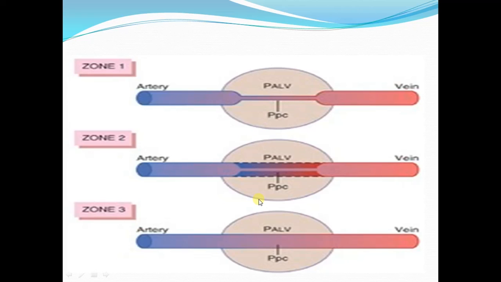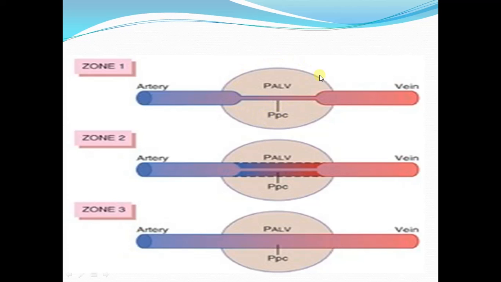So this is the diagram showing you the three zones of blood flow which can be seen in the lungs in an upright person. Zone 1 blood flow, zone 2 blood flow and zone 3 blood flow. In zone 1, we learned that there is no blood flow, and the reason for this is that the alveolar pressure is greater than the pulmonary capillary pressure.